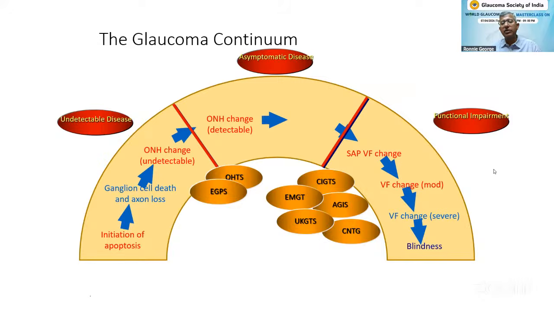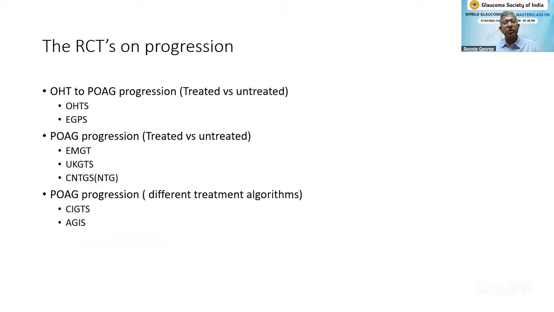And we have studies in all these areas where you can detect some amount of progression. There are a number of randomized controlled trials on progression which have looked at treatment versus non-treatment for ocular hypertension to POAG progression, treated versus untreated POAG progression, and POAG progression using different treatment algorithms. And we have information on visual field progression from all these.